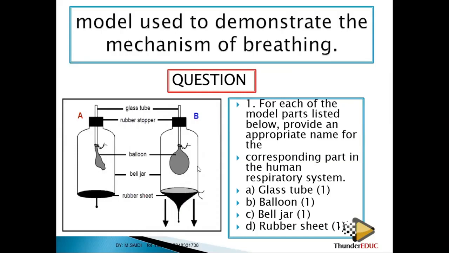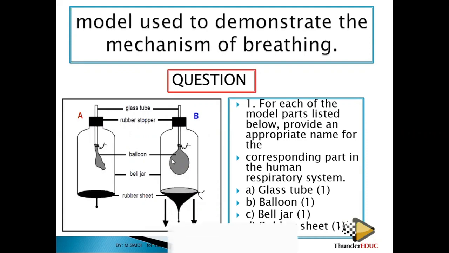It is static. The rib cage moves up and out, and then moves down and in when breathing in and breathing out. But this bell jar does not move, so it is a limitation. So that's number one.